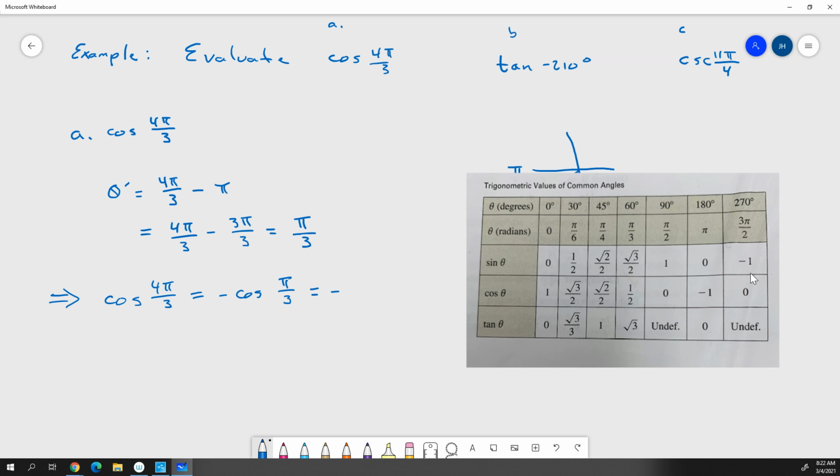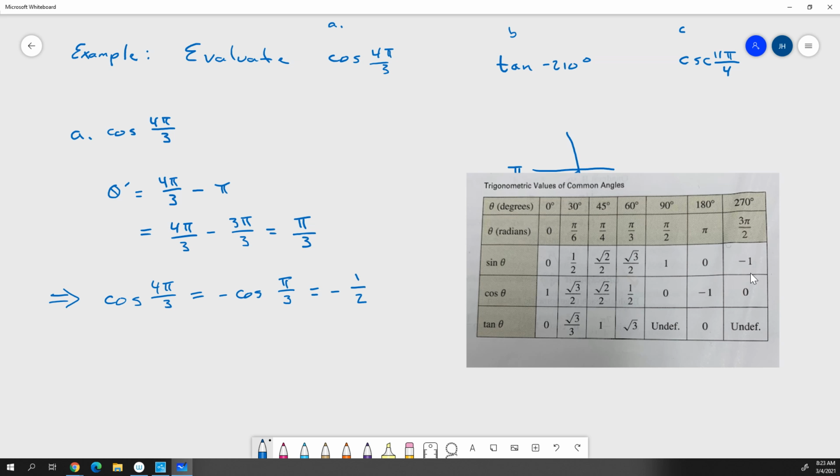So negative 1/2. This chart will really help you with your main angles if you don't have a unit circle in front of you, because we didn't get to build them this year because you're not in my classroom. Maybe if you get back in my classroom, we'll build one. This chart is super handy for figuring out your main trig functions.